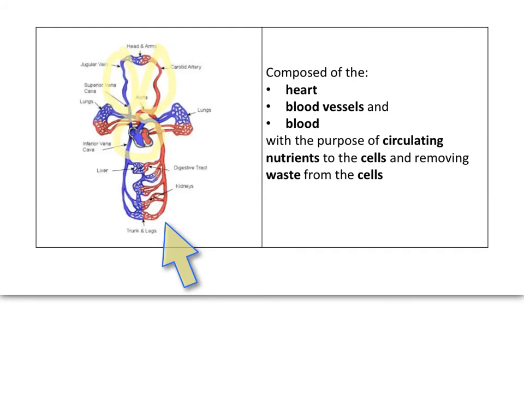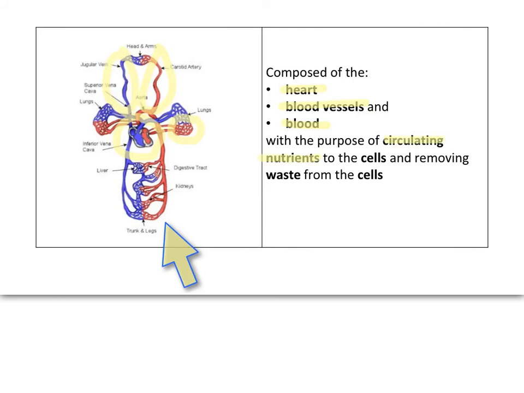And then we have smaller and smaller blood vessels and capillaries. Capillaries are the really, really tiny blood vessels that I just highlighted. So this is basically our entire cardiovascular system, where we have the heart, the blood vessels, and the blood inside the blood vessels with the purpose of circulating nutrients.